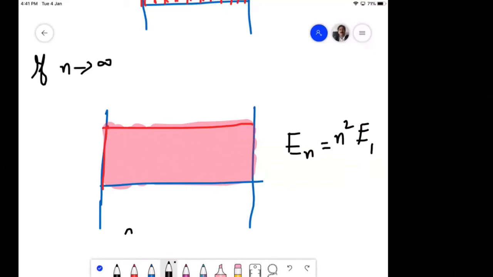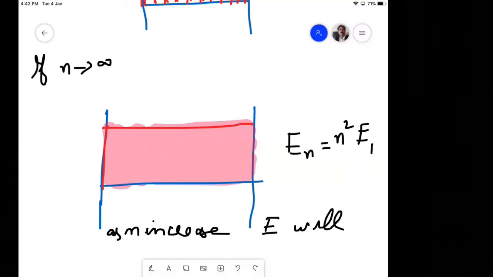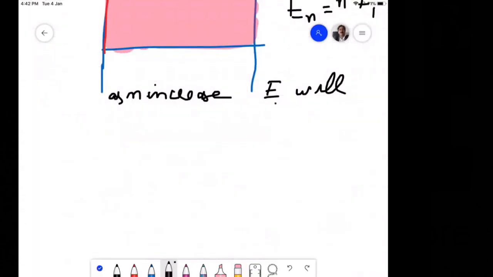So for high energy levels, the electron will be treated as classical. High energy particles in quantum mechanics will be treated as classical particles.